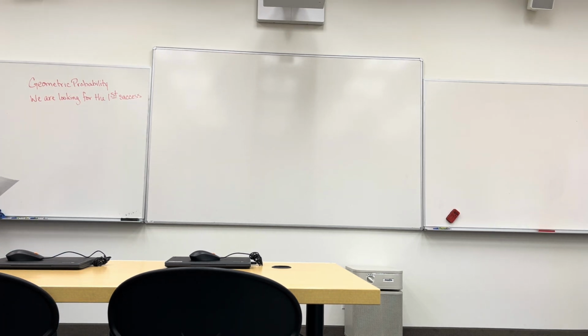Okay, so when we look at geometric probability, we've got a formula, but you might not actually use the formula. So let me write it down, and if you want to use the formula, by all means use the formula, but then as I do the problem, I'll show you what I mean by not using the formula. So here is our formula.